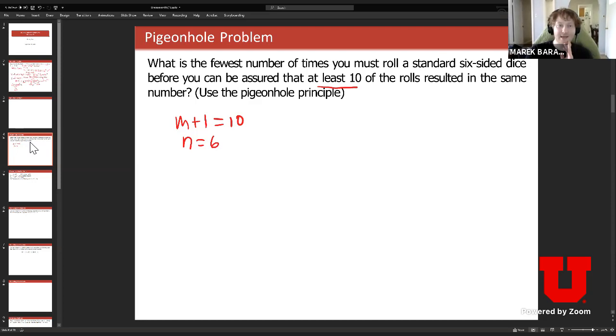This means m equals 9. So we can use our formula, n times m plus 1. And this is the number of items. This is equal to 6 times 9 plus 1. That's equal to 55.